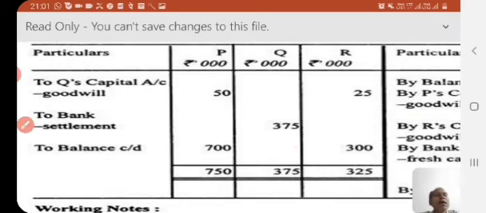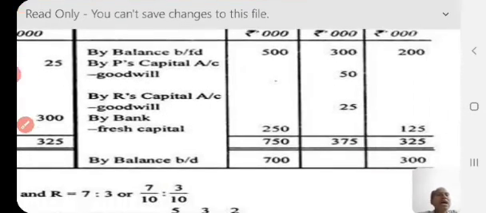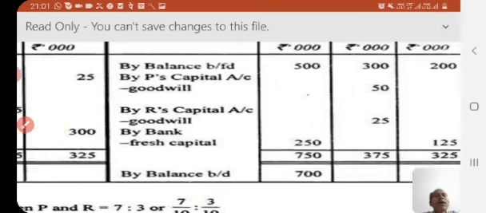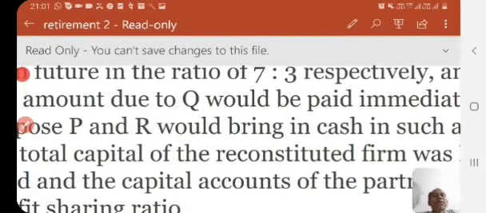Now this 375 cash is brought as 250 and 125 by the continuing partners. 250 and 125 becomes 375.